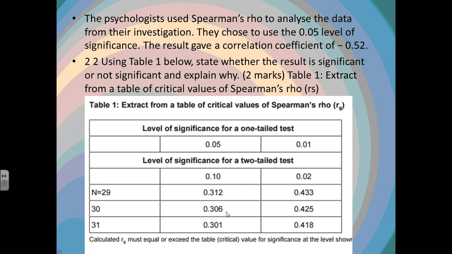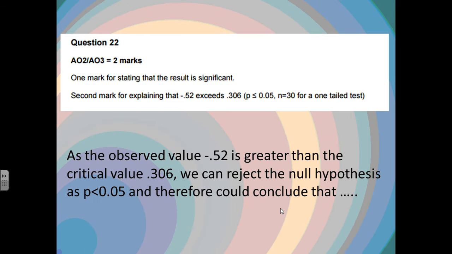Therefore, we can reject the null hypothesis. Either you accept it or you reject it at probability level 0.05. Those are the things you need to mention. You do need to write the P and the probability level, less than, the backwards arrow with the line underneath. This is what it should look like.